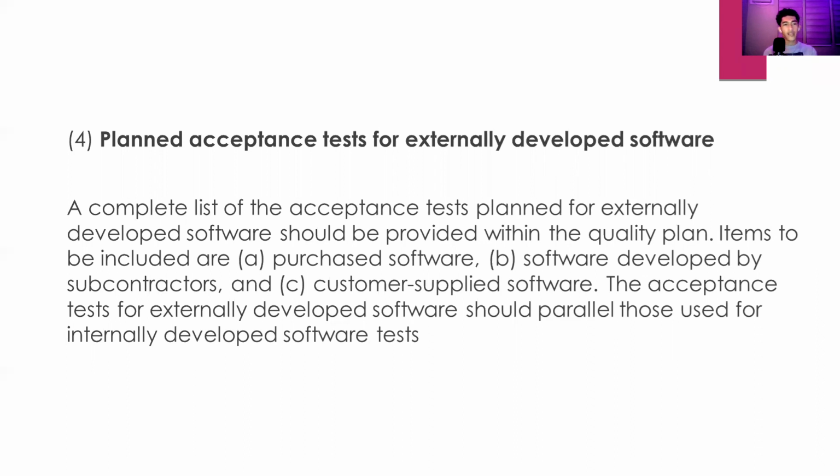Items to be included are the purchased software, the software developed by subcontractors, and the customer-supplied software. The acceptance tests for externally developed software should parallel those used for internally developed software tests.